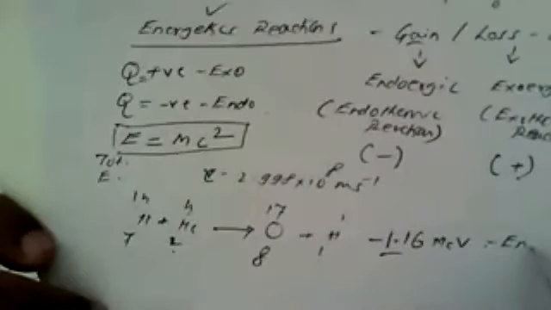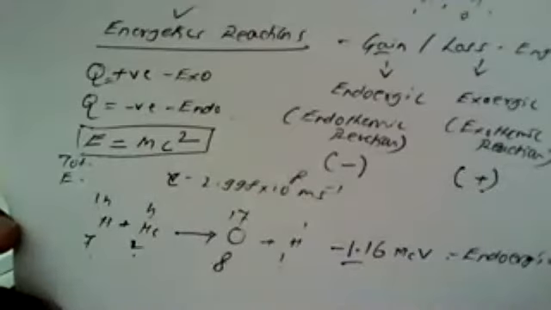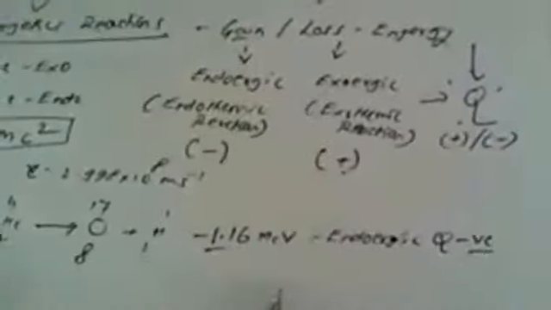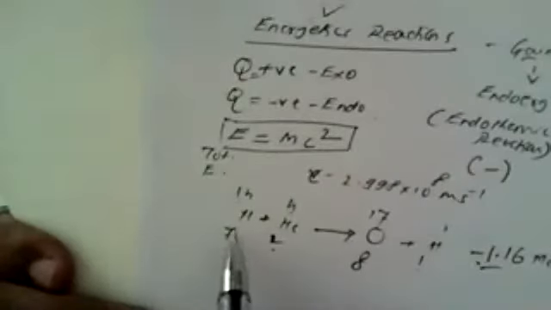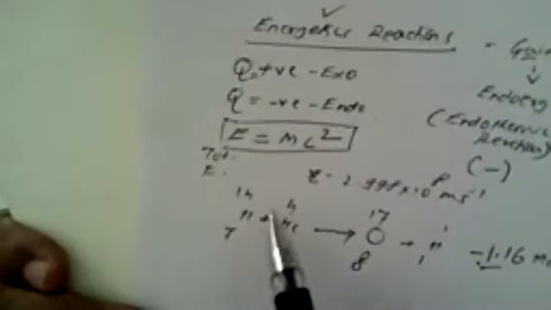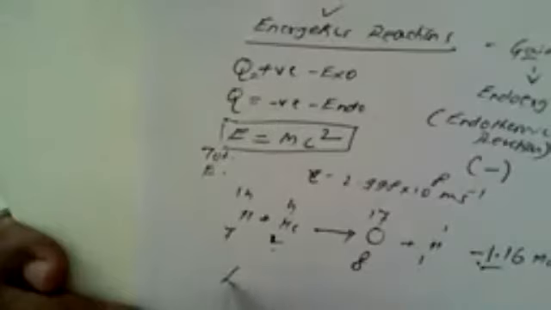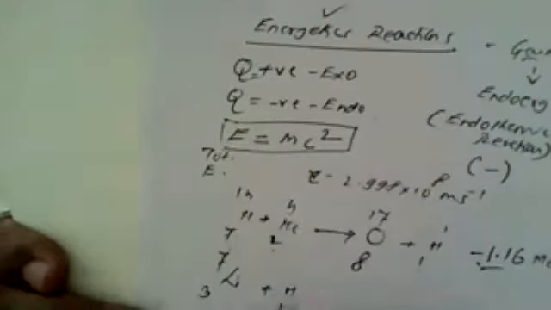This reaction is known as an endoergic reaction because the value of Q is negative. Another example I would like to give you is for the exoergic reaction. Take for instance lithium, atom number 3, mass 7, with protons, that is 1H1.